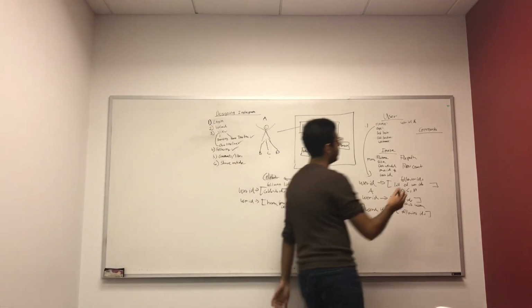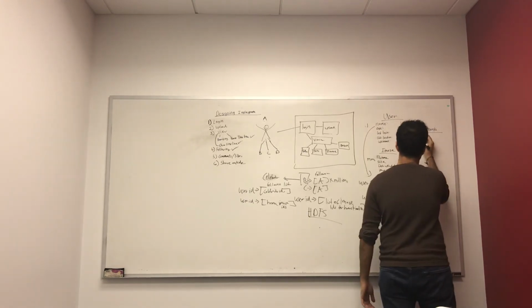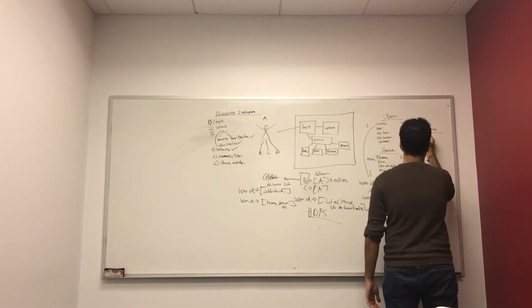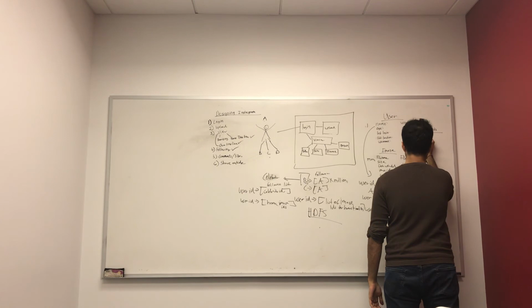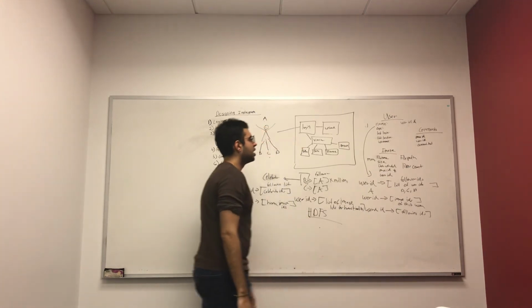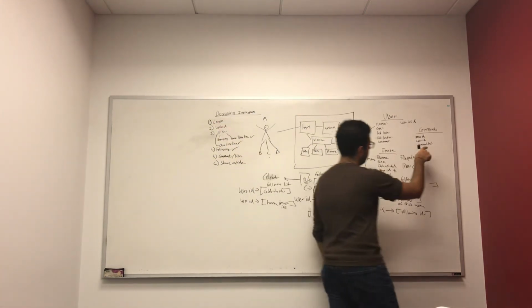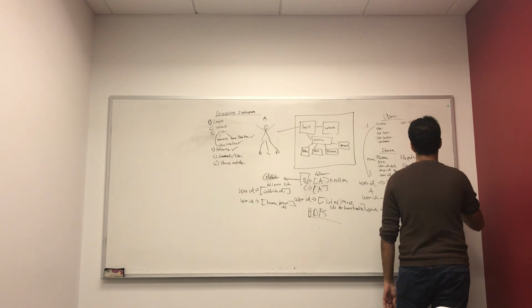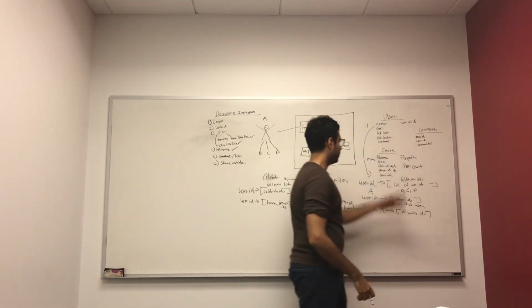For the comments table, we would have something like image ID, user ID, and the actual text, so user ID, comment text. This is how we can think about storing the comments. So that's one way to do it.